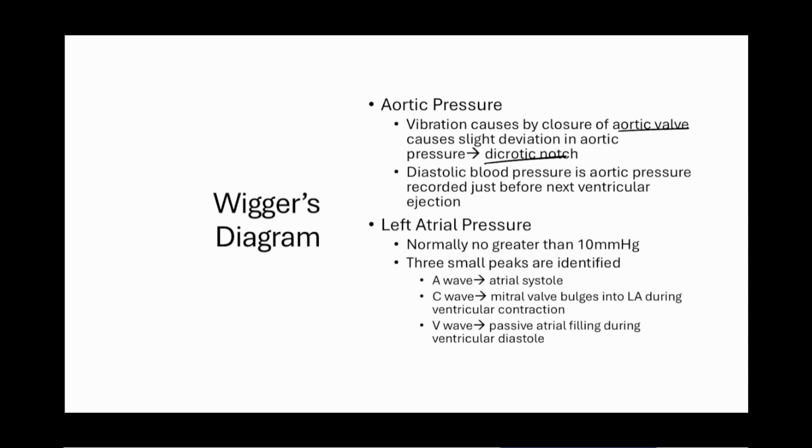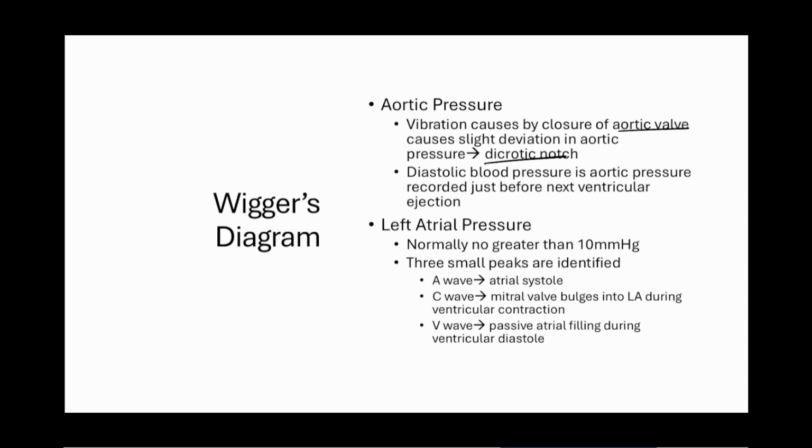It has a little bit of recoil. And when it squeezes, some of the blood will go back and hit the aortic valve. When it hits that aortic valve, it causes a vibration, and that is what your dicrotic notch is. It's just the blood hitting the valve again, causing a little bump. That's all that dicrotic notch is.